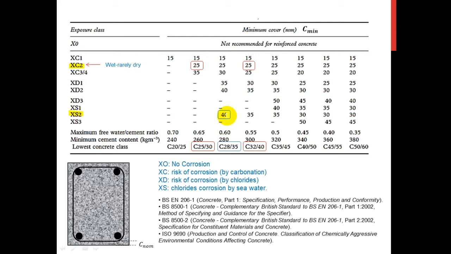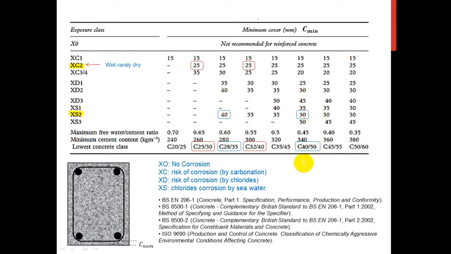As for class C28/35, we cannot go below this class. The minimum cover is 40 millimeter. But if I wish to use a greater grade, say C40/50, then the minimum cover required reduces to 30 millimeter.